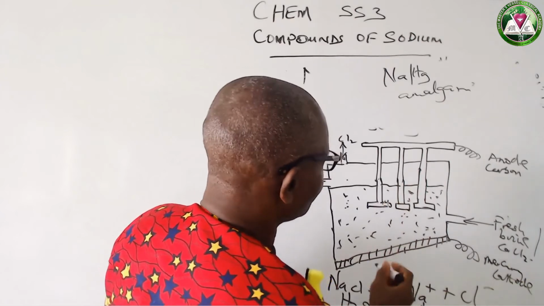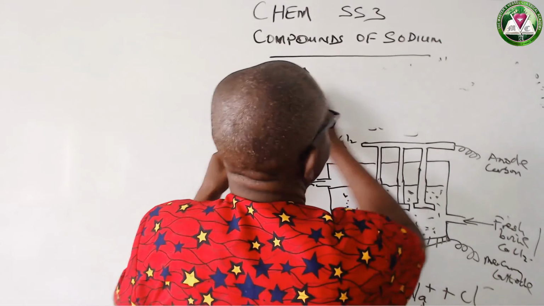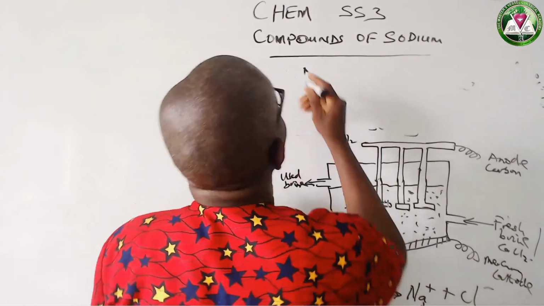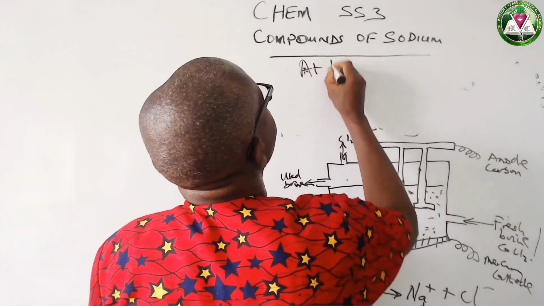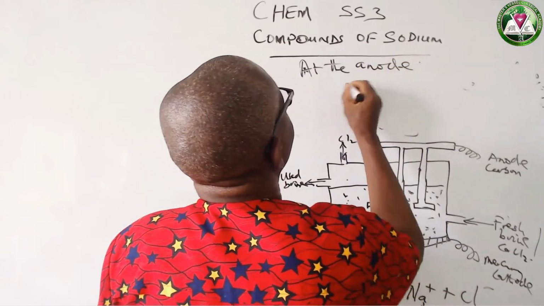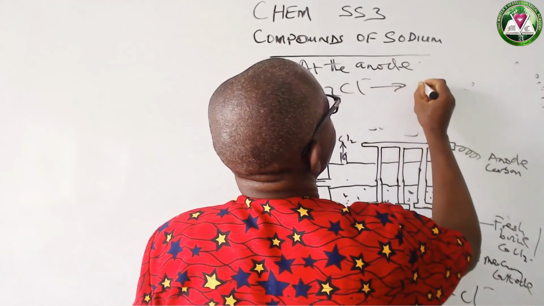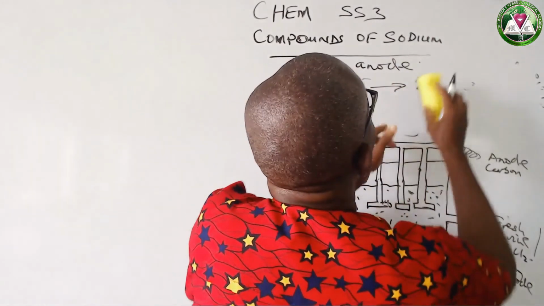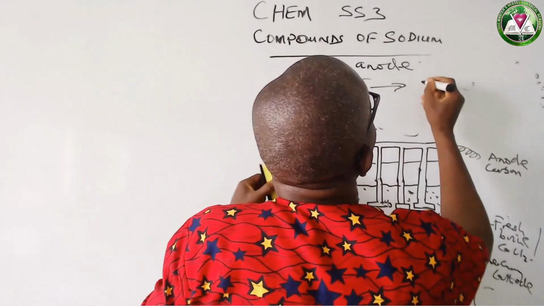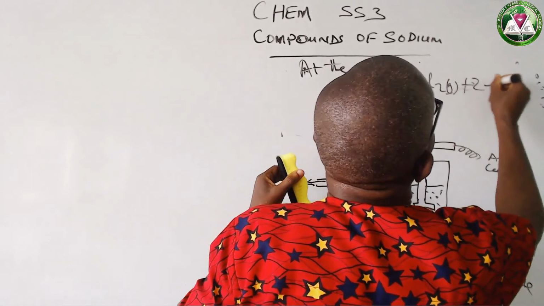And chlorine, let's write at the anode, you have your chloride, 2 moles of chloride to give you 1 mole of chlorine gas plus 2 electrons.